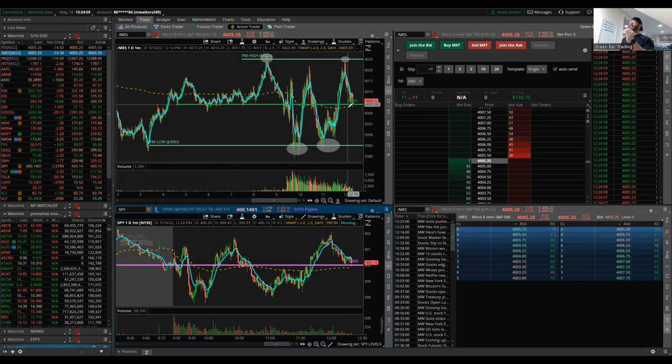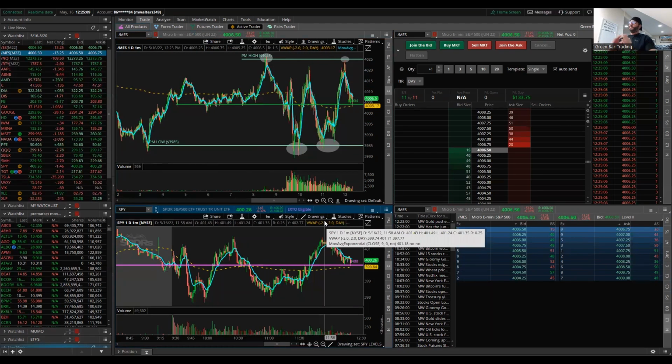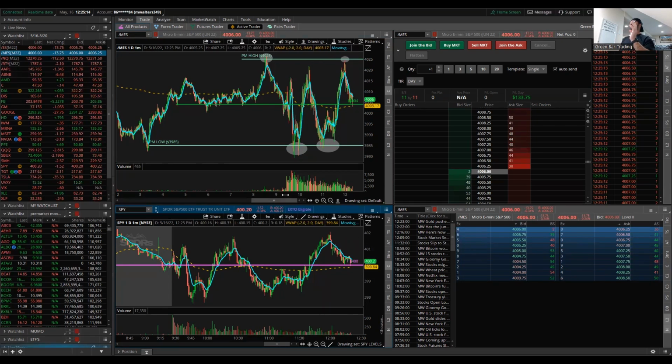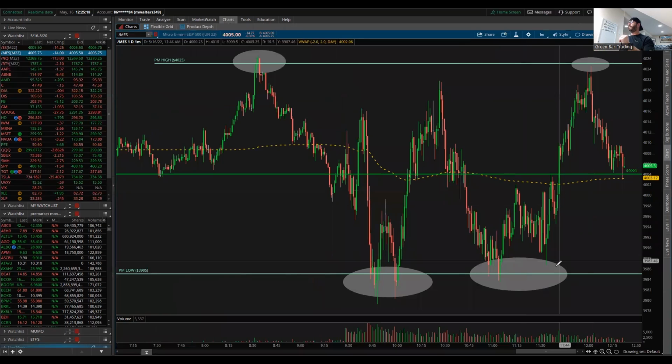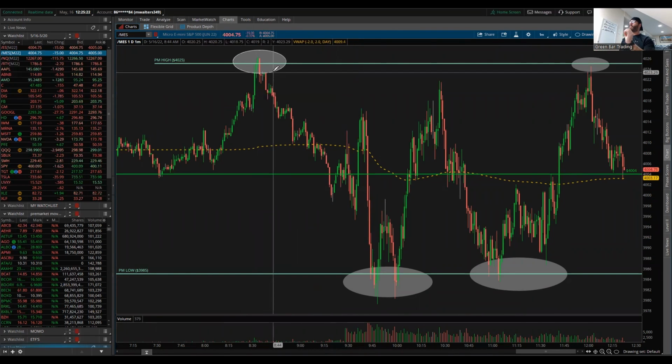Right here, when it's consolidating, you don't know if you're going to get chopped up, or if we're going to break down, or if we're going to get a really nice bounce for that afternoon push that we sometimes see. So be patient, but trade those areas where you're at lower risk, higher reward.